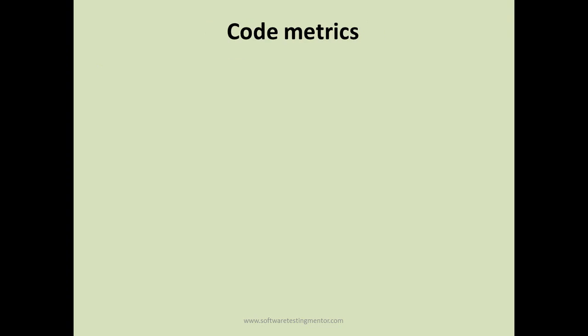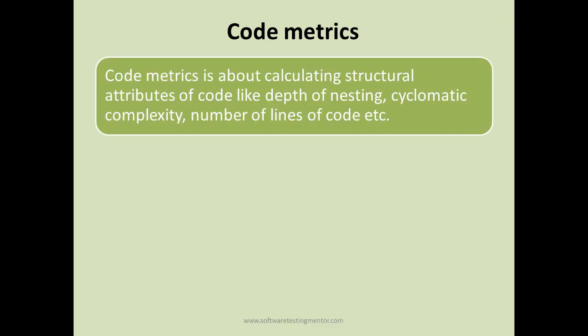Then the other feature is code metrics. So code metrics is about calculating structural attributes of code like depth of nesting, cyclomatic complexity, and number of lines of code. So this is another feature that is provided by a static analysis tool.